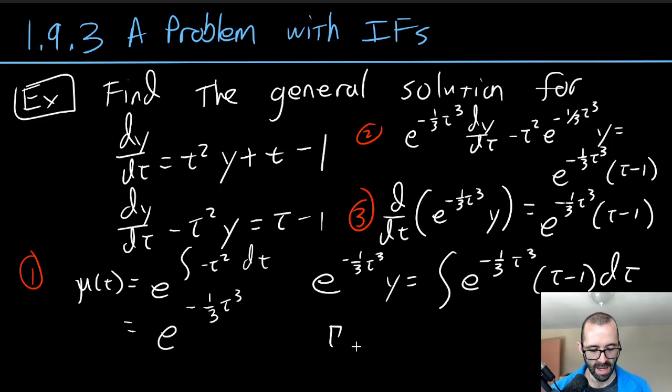I think I may have written my gamma wrong. It's been a while since I've written gammas. The gamma function can be used to model this, but again, that's not an elementary function. It's pretty messy, and we use computers to evaluate that. So we can use a computer to evaluate this integral in a sense, but we can't do it by hand, so we're a little sad. Or maybe you're happy because you can't go any further with this method.